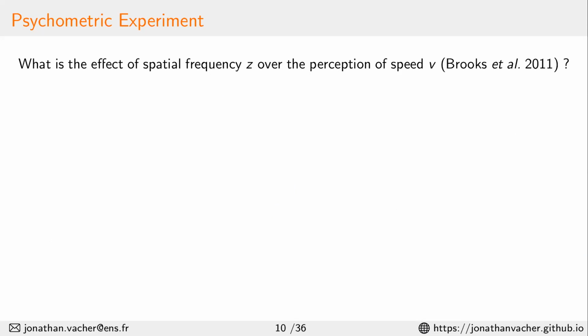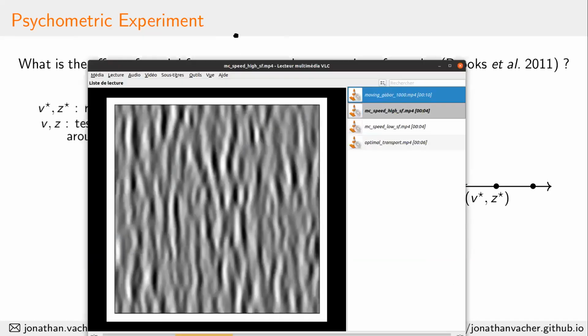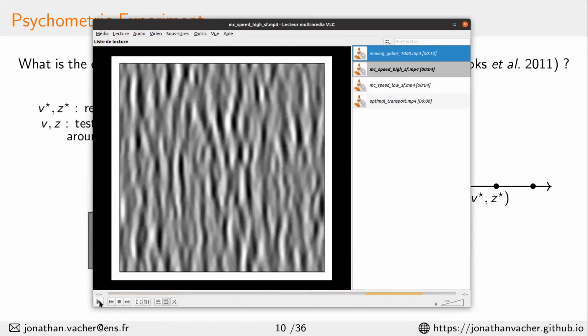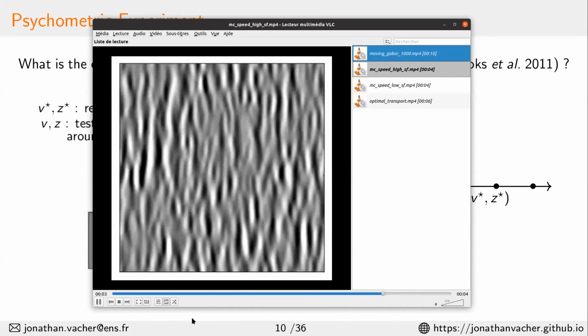So the question was, what is the effect of spatial frequency over speed perception? And so we used two alternative forced choice experiments where we present consecutively two stimuli, and we ask which one was faster. So here's a small example of the trials. This is one.